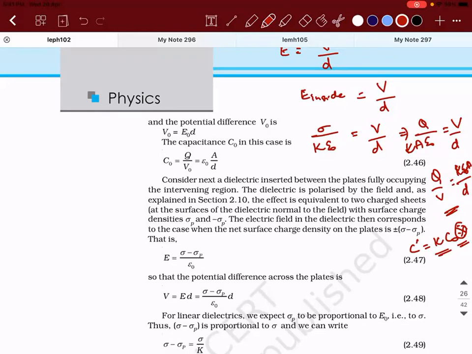I'm talking about the net electric field, not individual electric fields. Understood? Done, guys? Shall we move to the next one?